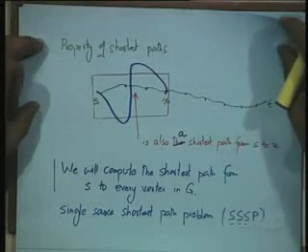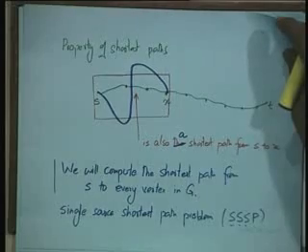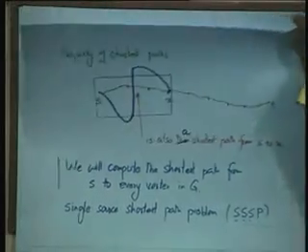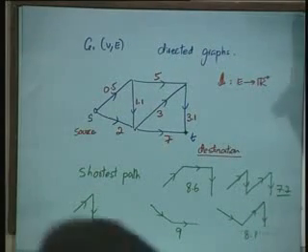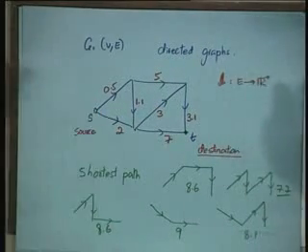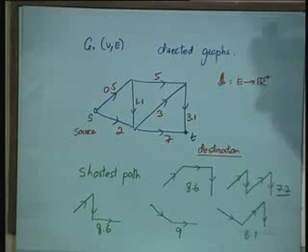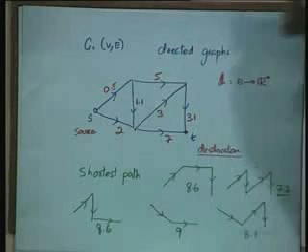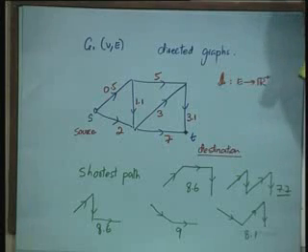Now, given that we are not just interested in the shortest path from S to T, but the shortest path from S to every vertex in the graph, let's see what we can say about this example again. Looking at this picture, without using your head too much, the shortest path from S to which vertex is immediate?